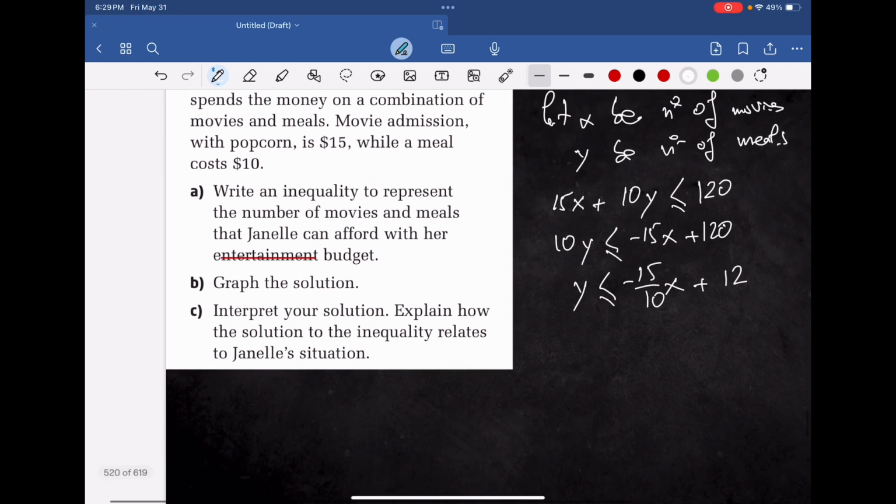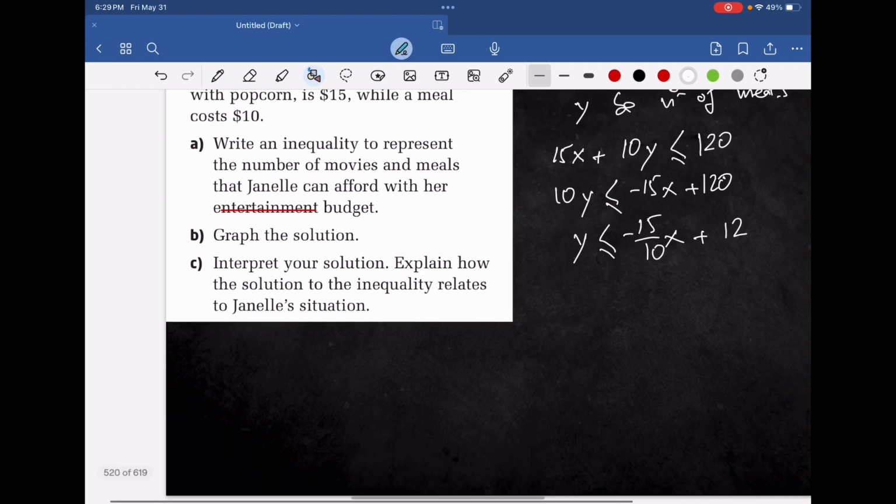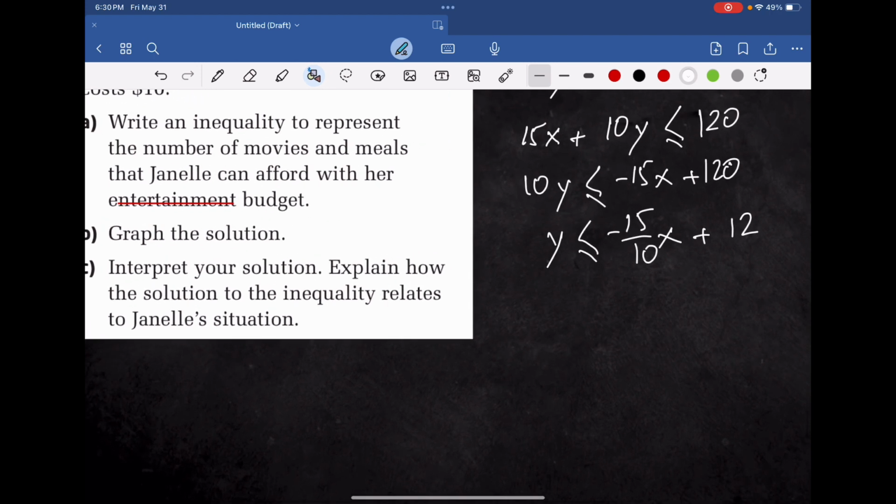So now you need to draw your graph. So let's draw it. For example, this is my x and this is my y. If my x is equal to 0, my y will be how much? My y will be 12. So x is 0, this is 12.